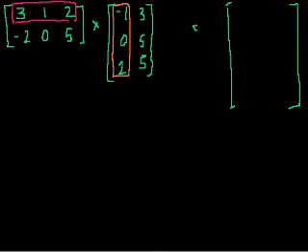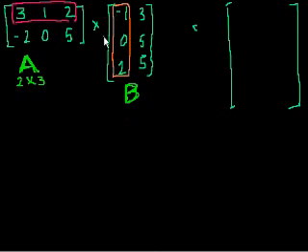So what kind of a matrix is this? Let's call this matrix A. And what are its dimensions? It has 2 rows, 1, 2, and 3 columns, 1, 2, 3. So it's a 2 by 3 matrix. And we're multiplying it times B. And what are B's dimensions?